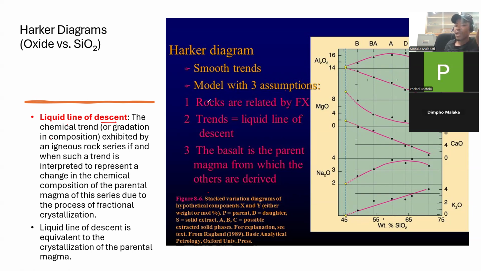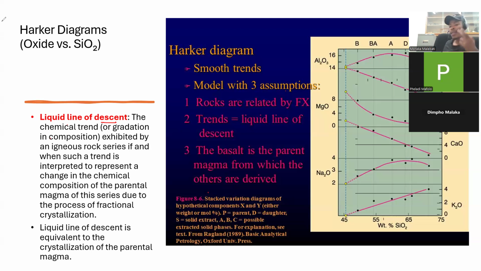If you don't understand this long definition, you can just say the liquid line of descent is defined as the path that the melt composition follows as crystals form and separate from the melt.